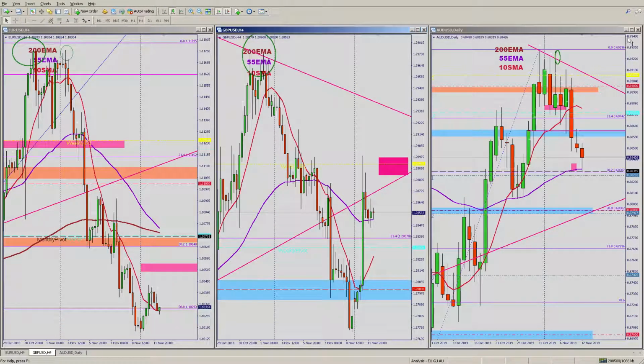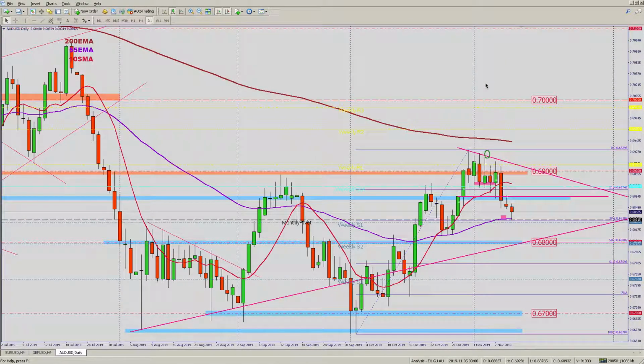All right, let's move on to the Aussie dollar. And the Aussie dollar yesterday started with a slight gap lower, closed the gap to retest the lower trend line of the descending triangle.